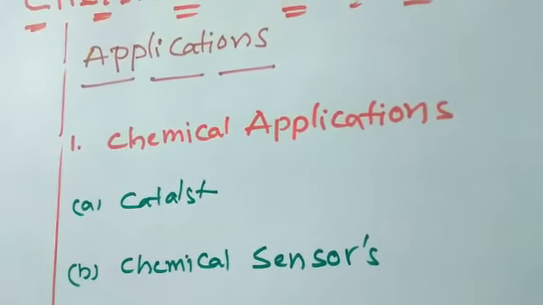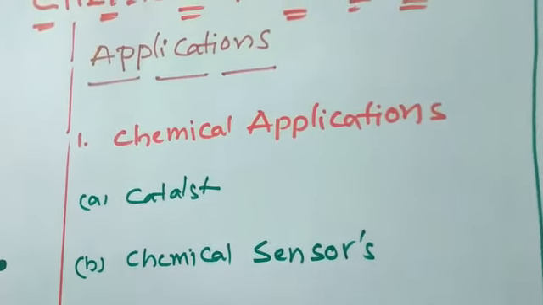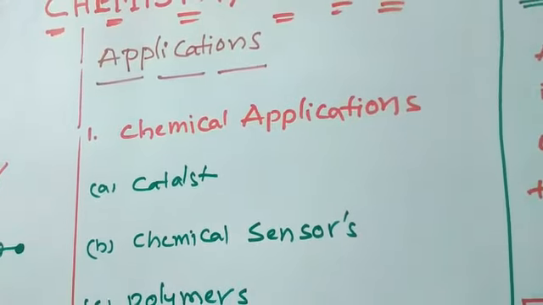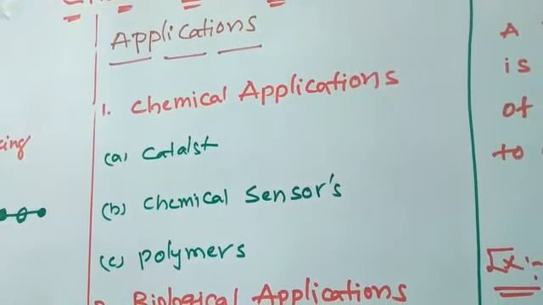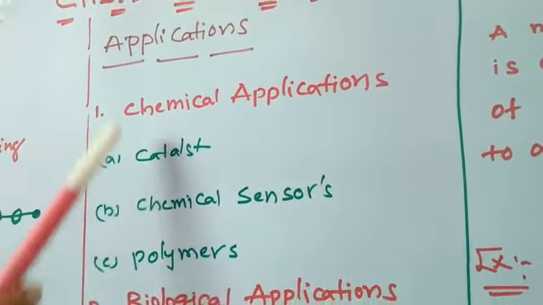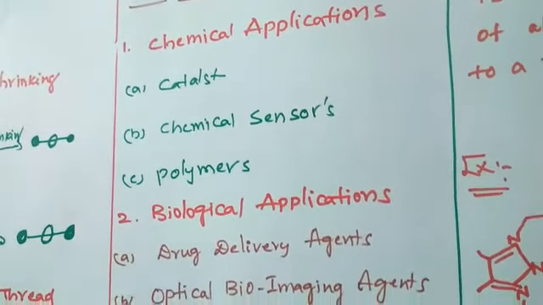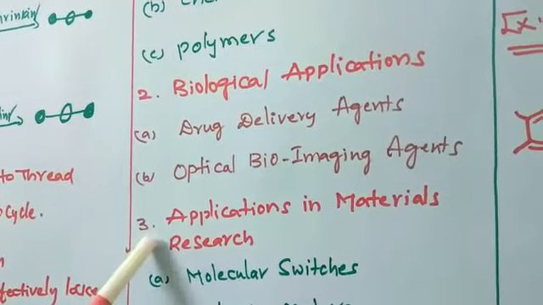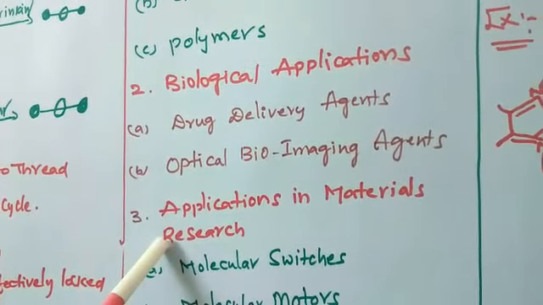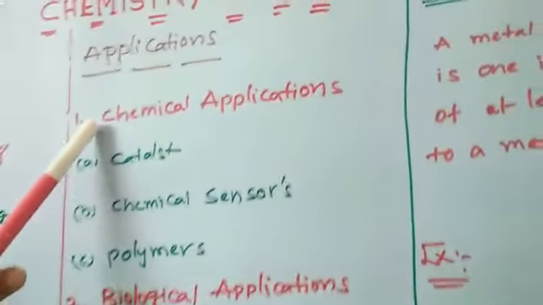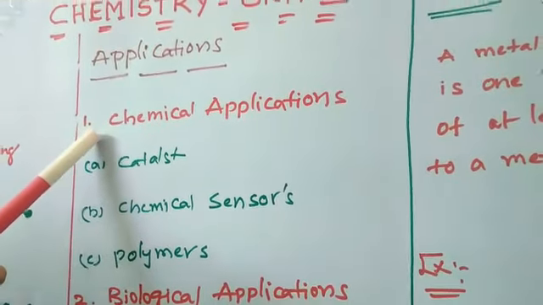There are three types of applications. One is chemical applications, number two is biological applications, and number three is applications in material research. First, let us discuss the chemical applications.